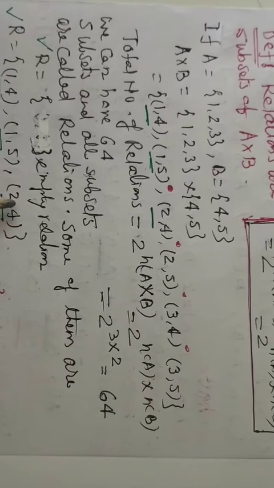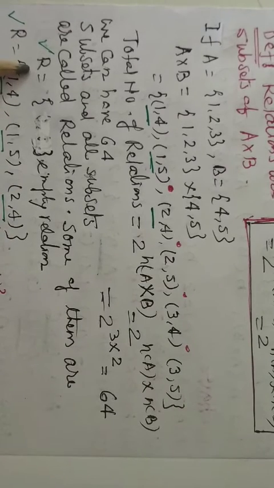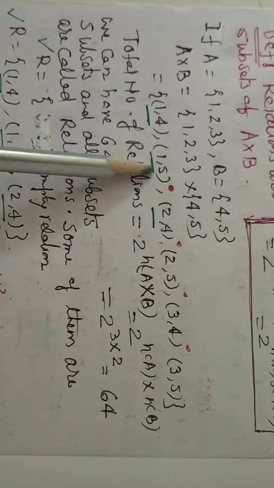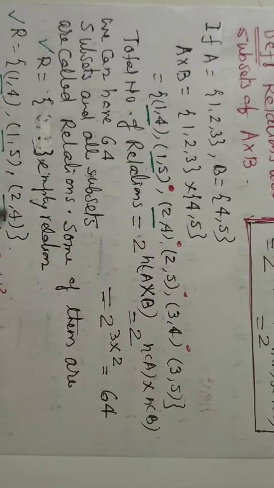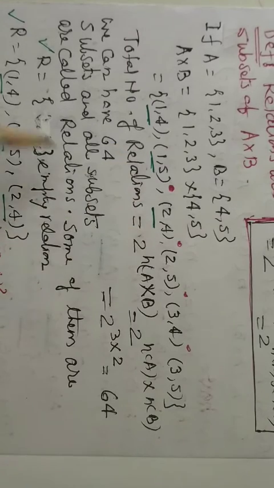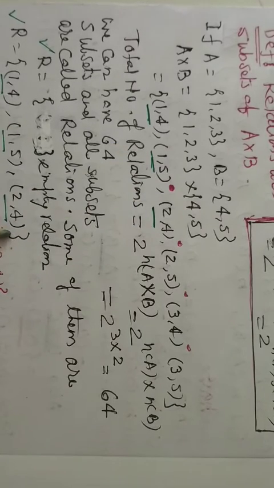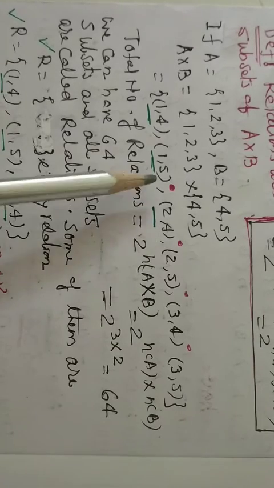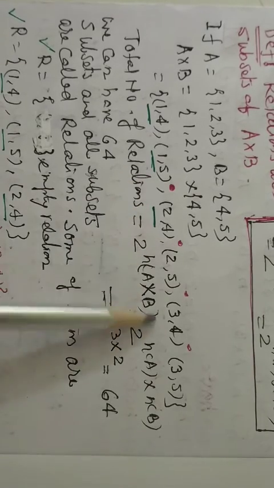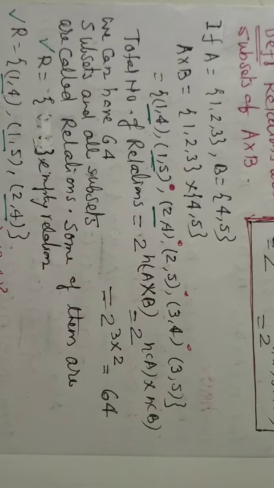Now I am going to write some relations. This is the empty relation, nothing is taken. Now (1, 4), I have selected (1, 4), (1, 5), (2, 4), in green. So this is a relation. Whatever we wish we can collect. Again collecting the red dots: (1, 5), (2, 4), (2, 5), (3, 4).